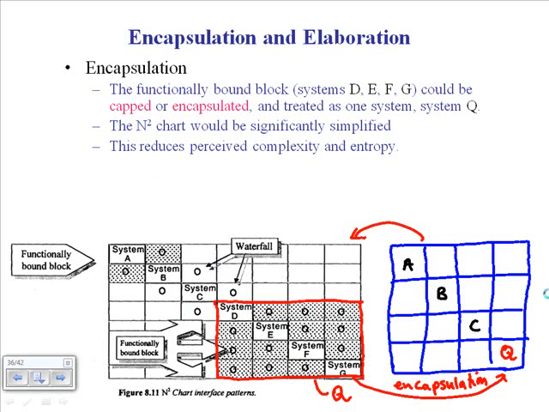Again, the concept of encapsulation and elaboration is very important in systems modeling. When we start doing systems modeling, I may talk about encapsulation again. Any questions on encapsulation? Okay, that's good.